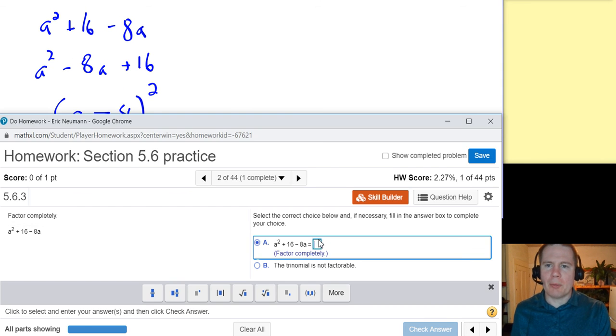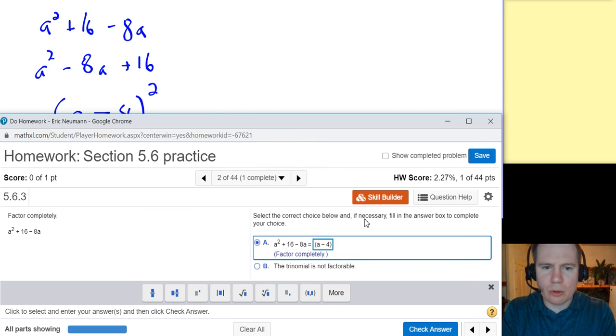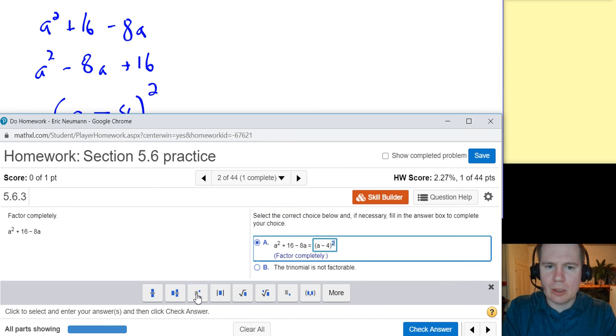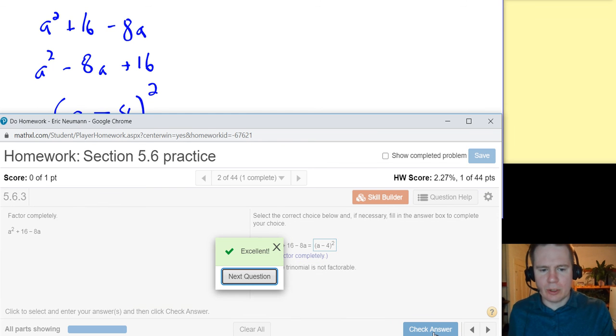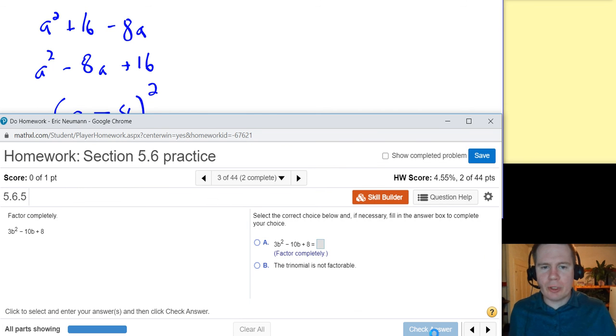So when I type in my answer, I can put in a minus 4 squared, or you notice it says superscript caret there. I can just hit Shift 6, and there's the little 2. Excellent. Now, if you had written out a minus 4 times a minus 4, that would also be acceptable.